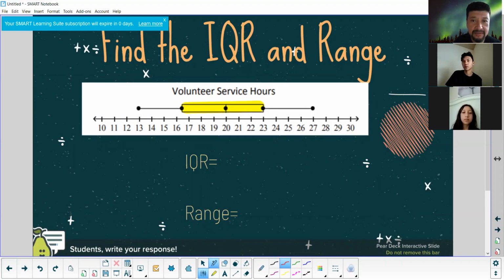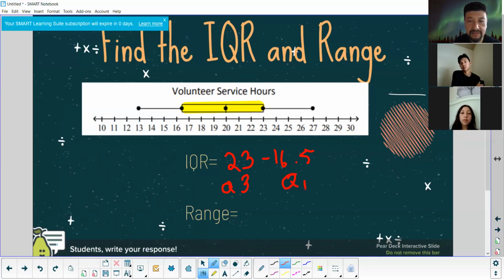Exactly. So I take 23, and the other looks to be actually 16.5. So this is Q3, and this is Q1. We subtract those. We get 6.5. And then what about the range?